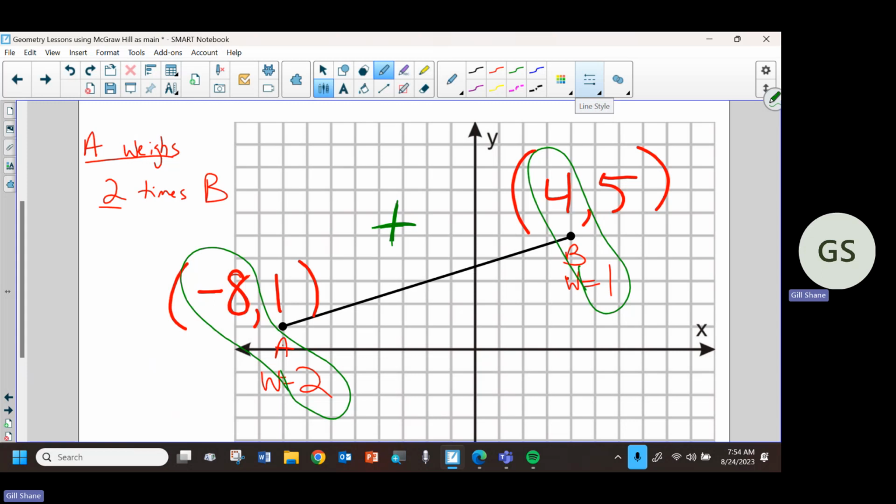Well, actually, we just started it, so I want you to finish it. So add those together. What do we divide by? 2 plus 1, right? We add all the weights together. So the weight of there is 2. Weight over here is 1. So we'll be dividing by 3. So you finish that out and do the Y value.